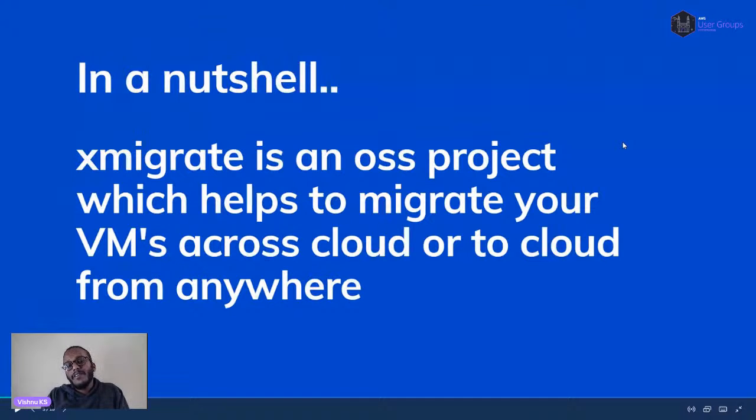If you think in this way, with Xmigrate, what is X in this? X can be AWS, Azure, GCP. So AWS migrate, Azure migrate, or GCP migrate, right? So X stands for the cloud provider which we currently support. We aim to support all the major public cloud providers, but unfortunately we only support three: AWS, Azure, and GCP.